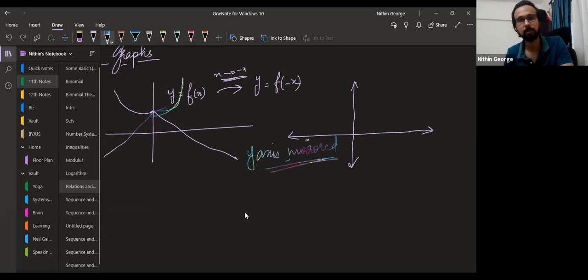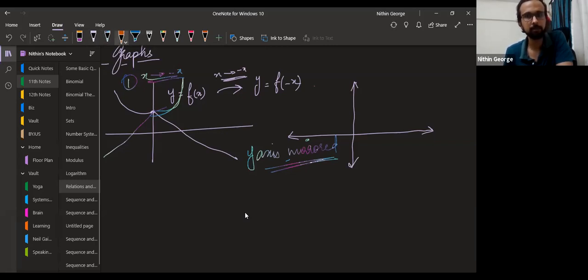That's what happens. You take the reflection on the y-axis. Got it? Now this is the first case, when x becomes minus x. You just change the direction of the whole thing. It's simple. Do you have any doubts on why that happens?